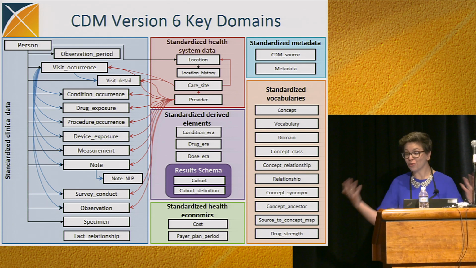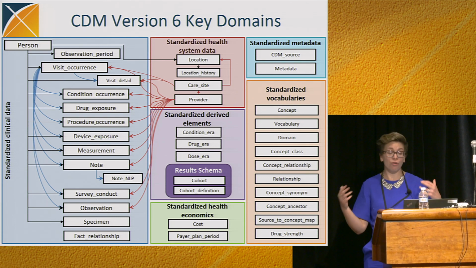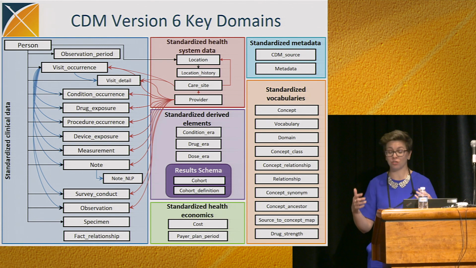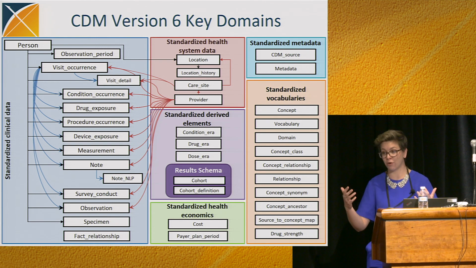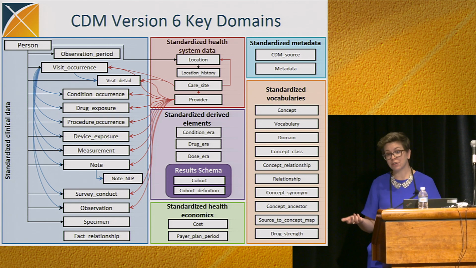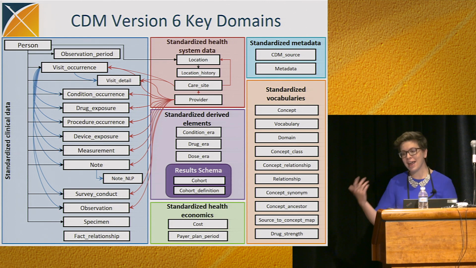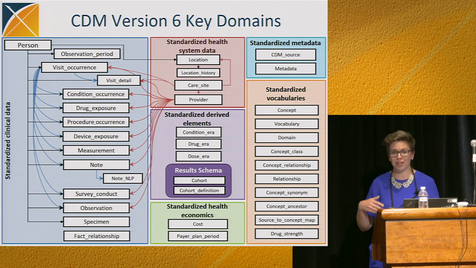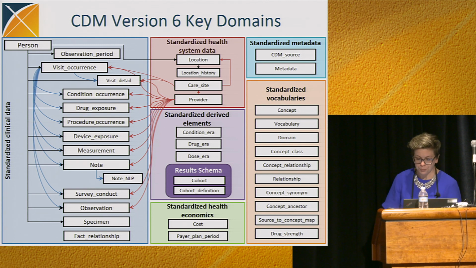So if you're storing information in a CDM, you probably want to create some cohorts. So maybe you want to create a lymphoma cohort. And once you find those patients, you want to store them somewhere. We have standardized tables for you to do that and store those patient identifiers. And as well, give it a definition so that the next person who comes along can actually figure out what you were doing.